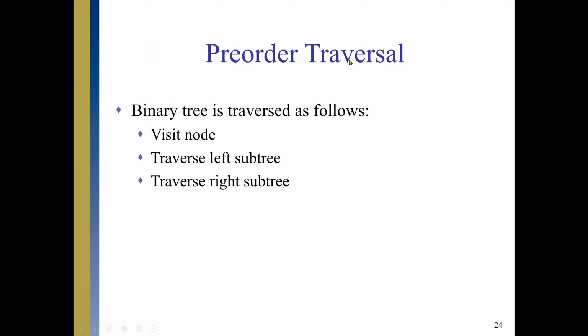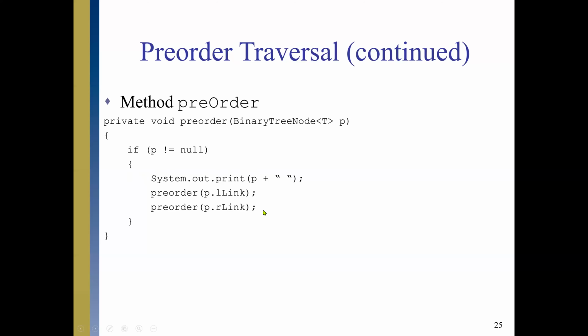Now the pre-order, we said we visit is pre, so we go through the node first. So we visit the root, then we traverse the left subtree, then traverse the right subtree. So we can see here, we are saying that if P not equal to null, then go through, again, the root is only one node, so we use system.out.print, then go through the root.